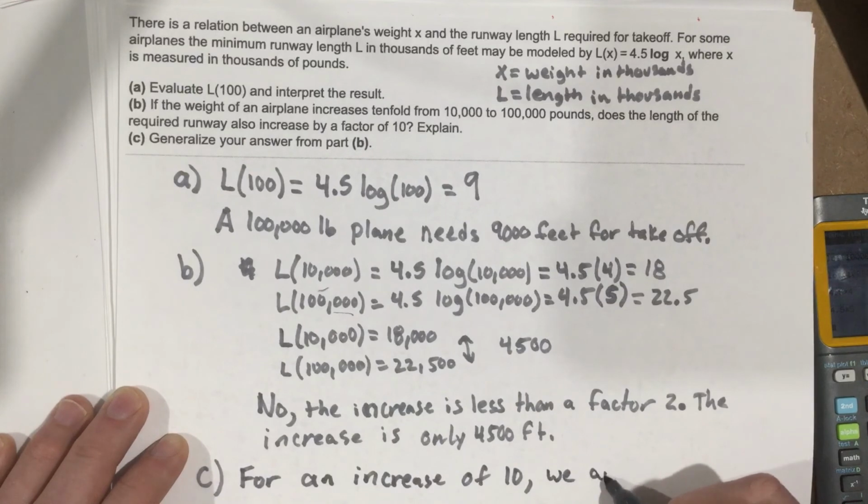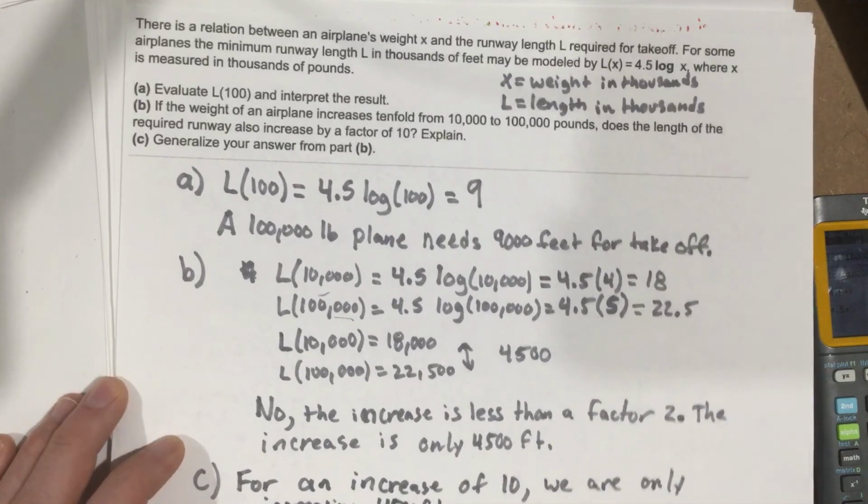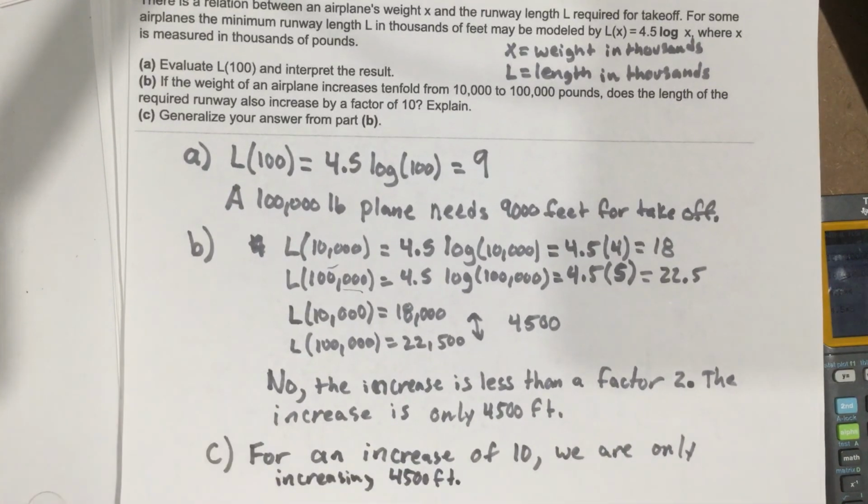For an increase of 10, we are only increasing 4,500 feet. And that's the solution.